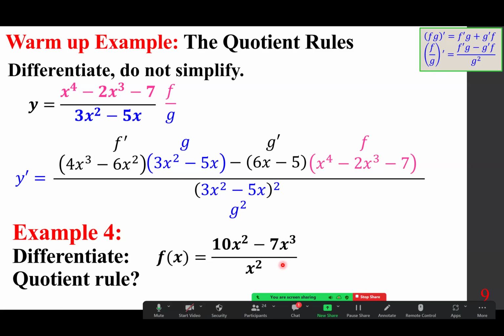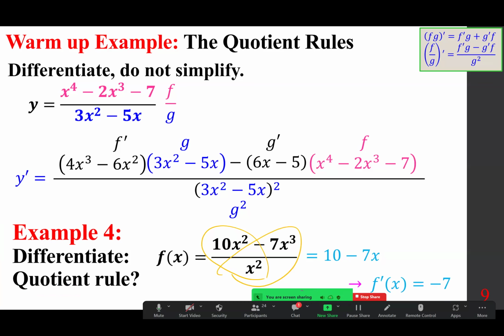Do I have to use the quotient rule? The answer is absolutely not. So what do you do first? You do algebra. This is 10. This is minus 7x. The derivative is simply minus 7. So the answer in a split second is minus 7. It can't get any easier than that.